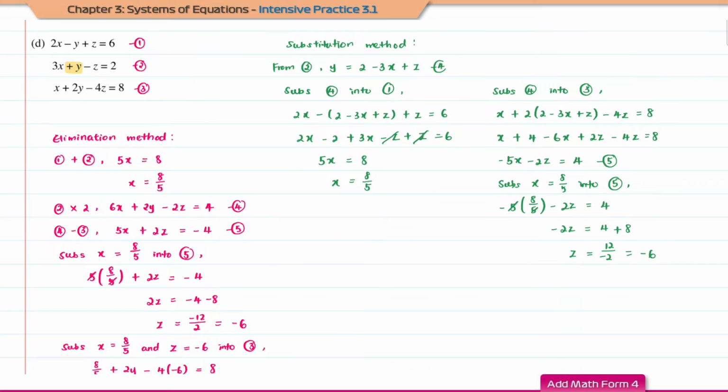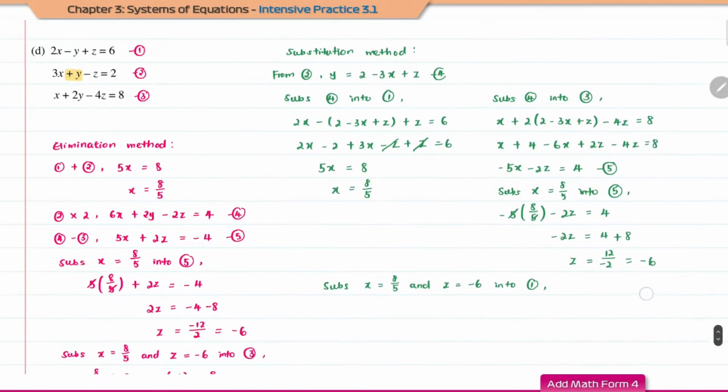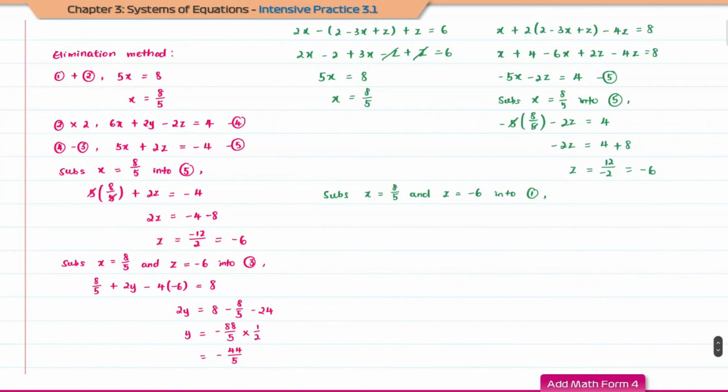So next, we still need to find the value of y. So next, I'm going to substitute the value of x and z. Here I'm going to substitute it into the equations number 1. Alright, so you're going to have 2x minus y plus the z equal to 6.